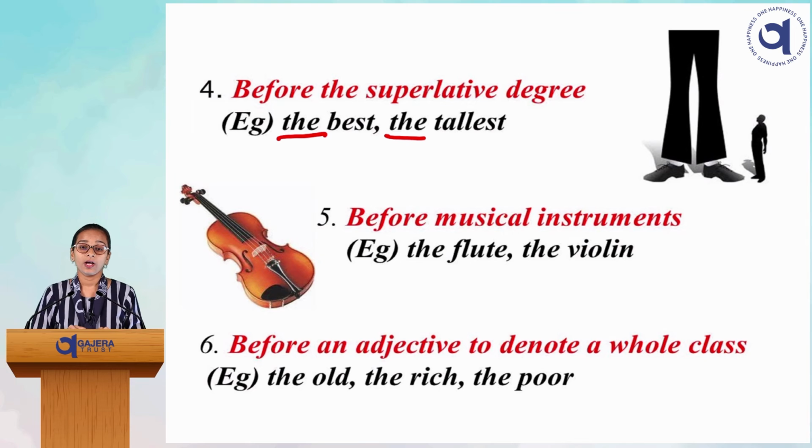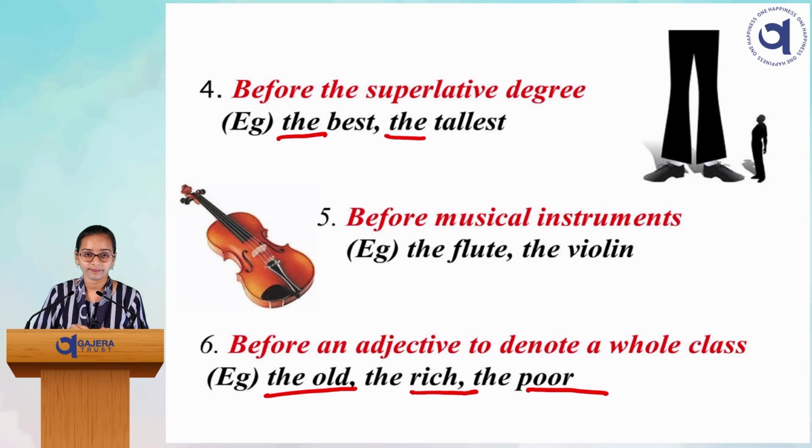Rule number 5, before musical instruments. For example, the flute, the violin, etc. Number 6, before an adjective to denote a whole class, meaning a whole group. For example, the old, the rich, the poor.